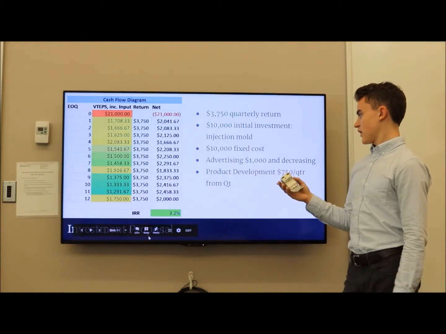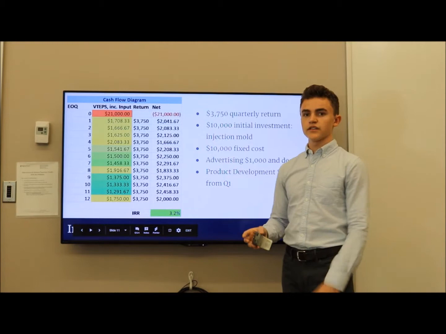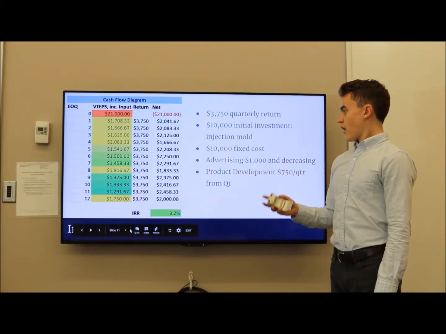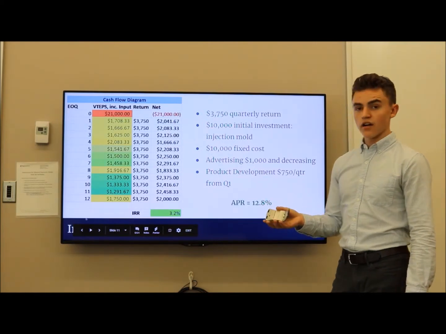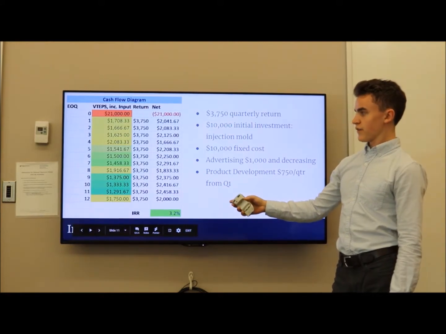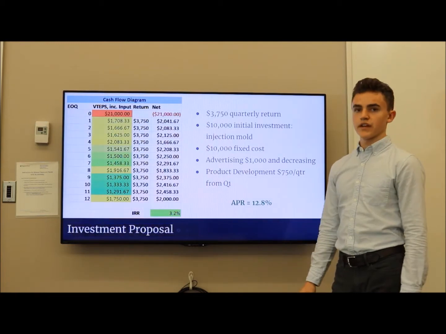And we have product development costs at $750 per quarter, and that's simply to keep up with competition and keep improving the Arduino. All of this together yields an APR of 12.8%. That's based on an IRR calculation of 3.2%, which of course is quarterly, so that translates to a 12.8% APR.